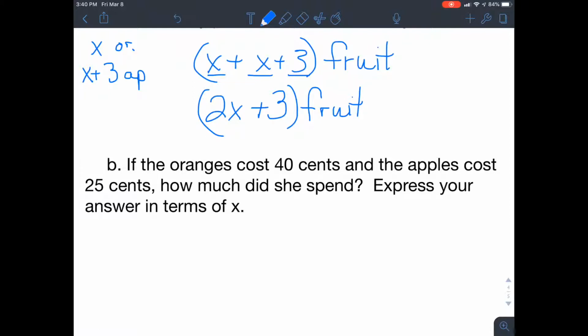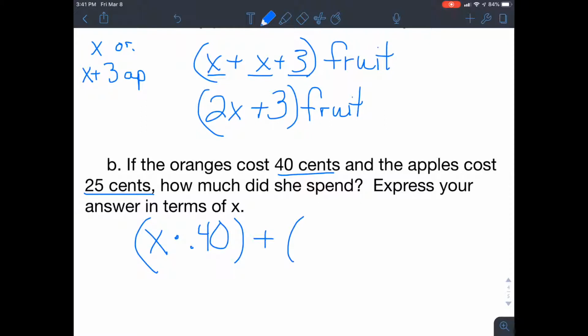If the oranges cost 40 cents and the apples cost 25 cents, how much did she spend? So I look back up here and I say, I had X oranges. Well, oranges, X times 40 cents for oranges. I'm going to put that in parentheses so I know that that's one thing that I'm talking about. And then I'm going to add in how much I paid for the apples. Well, apples were X plus 3.